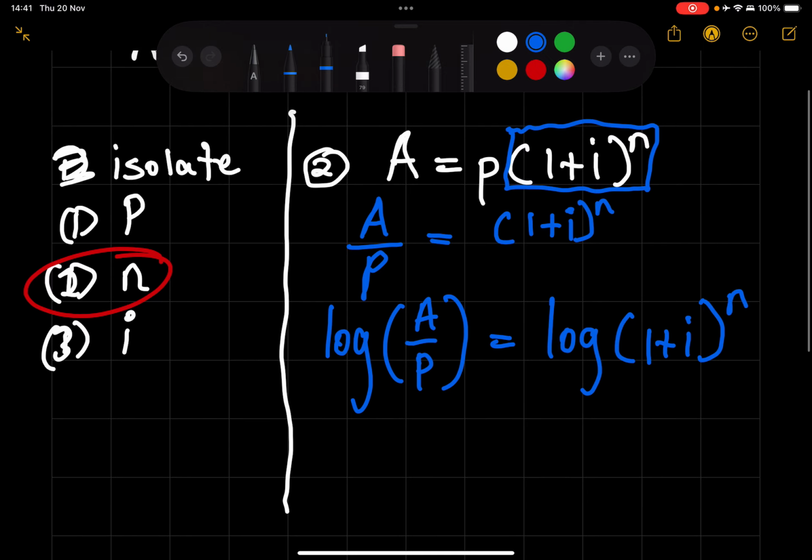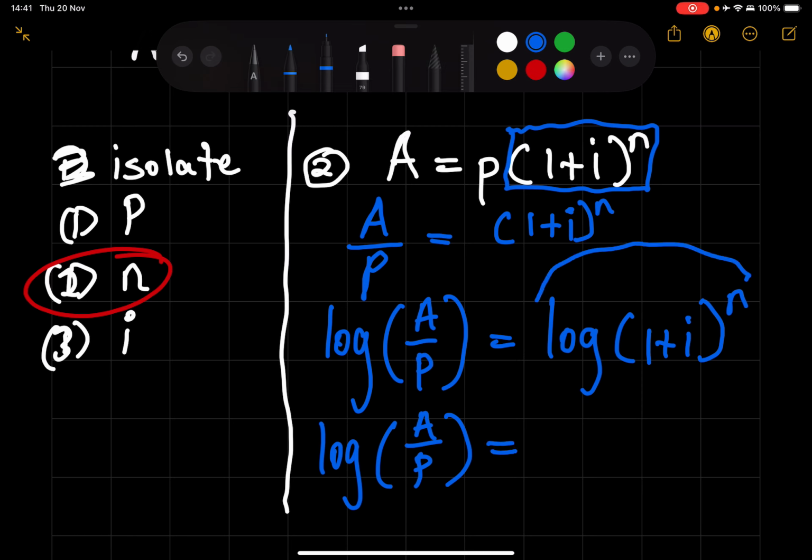And we know the rule that says log A over P equals, the exponent can become the new coefficient. So it multiplies with whatever is here, and whatever is there is 1. So 1 times n is just n. So we have n log(1 plus i).